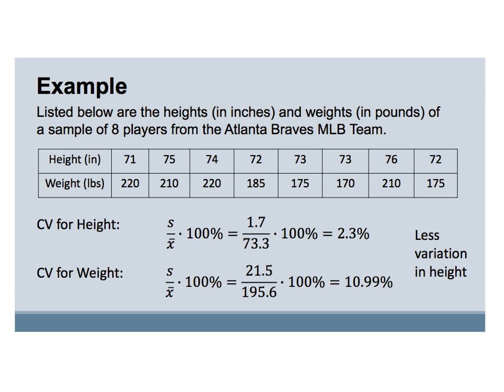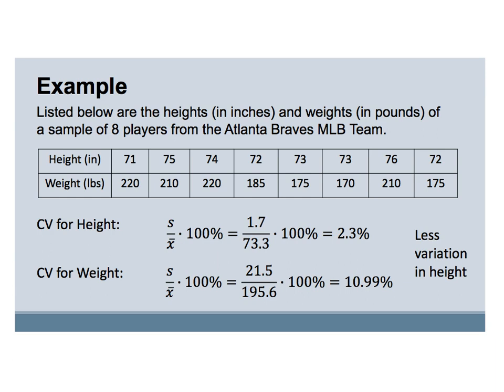Again, we're using the S, not the sigma, because it's a sample. Take the 1.7, divide it by the 73.3, multiply by the 100, and you'll end up with 2.3%.